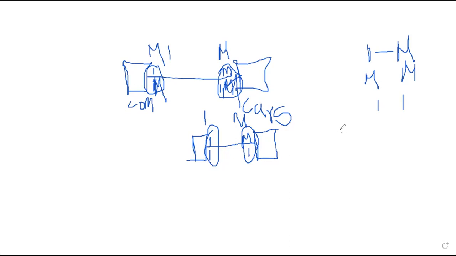This is an entity, and here is another entity. This is an example: the relationship from one end is many to one, and the next end is one to one. What is the final relationship?